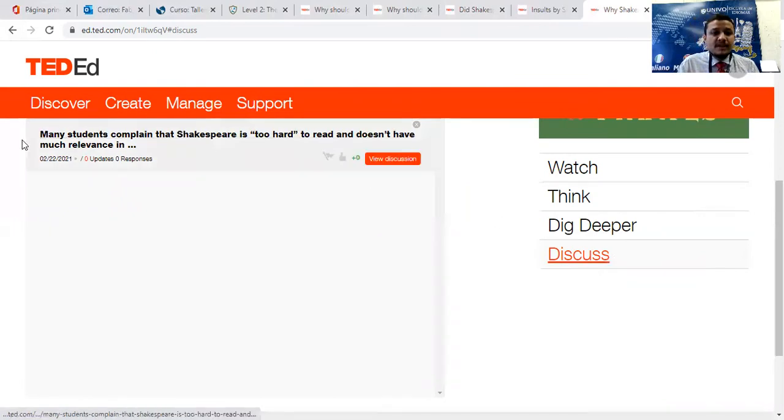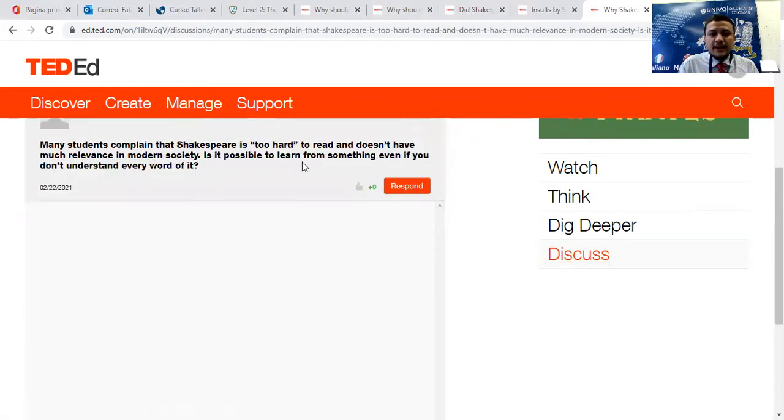In this one, it's pretty simple, guys, because it says many students complain that Shakespeare is too hard to read and doesn't have much relevance in modern society. The question is, is it possible to learn from something even if you don't understand every word of it?